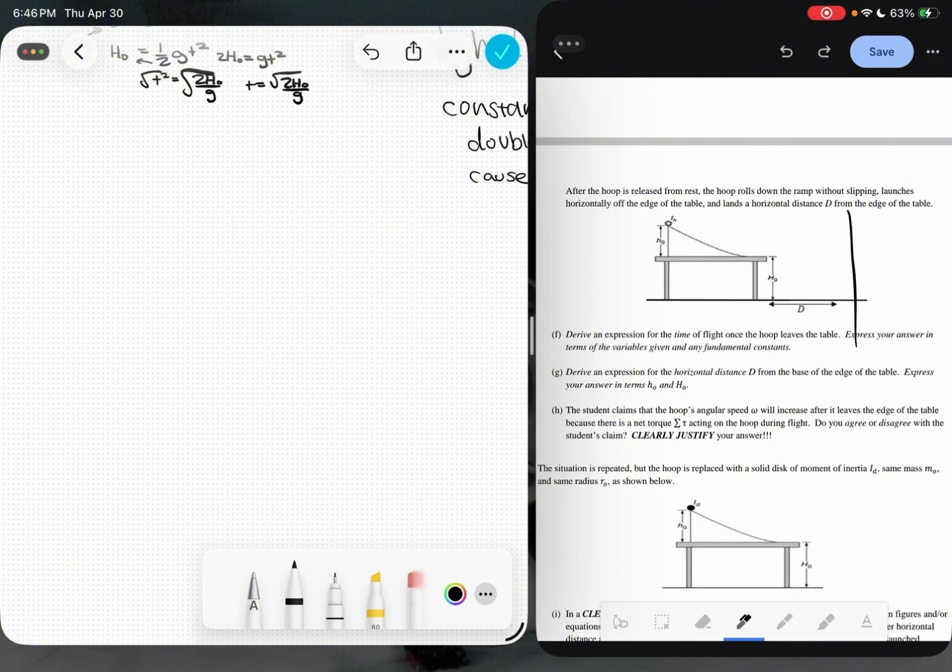For part G, I'm gonna start with delta x equals 1/2 at squared plus vix t, and I'm gonna cross out a because vx is constant, so delta x equals vix t.